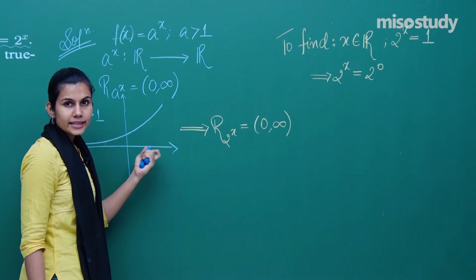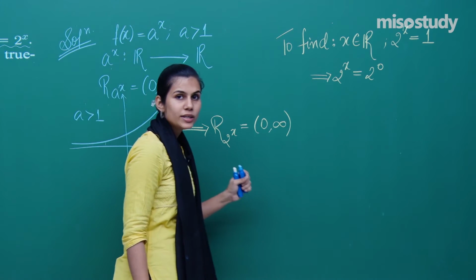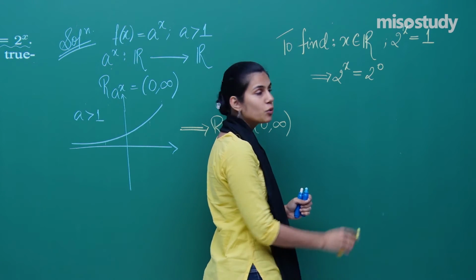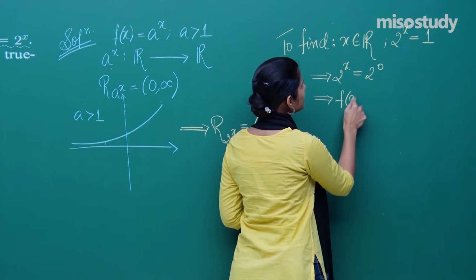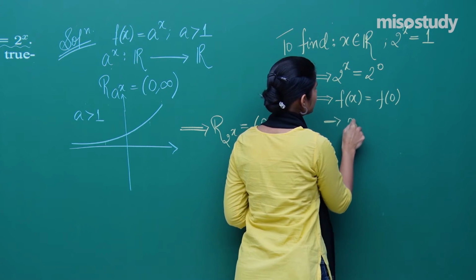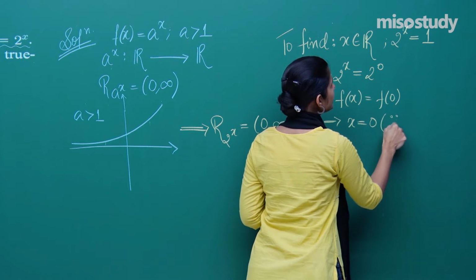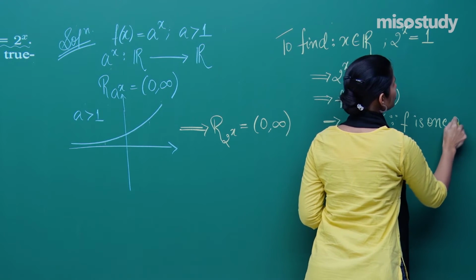Take the horizontal line test. This function is going to pass the horizontal line test. And by that we know if f(x) is equal to f(y), because over here we have f(x) is equal to f(0), it implies x is equal to 0 since f is a one-to-one function.